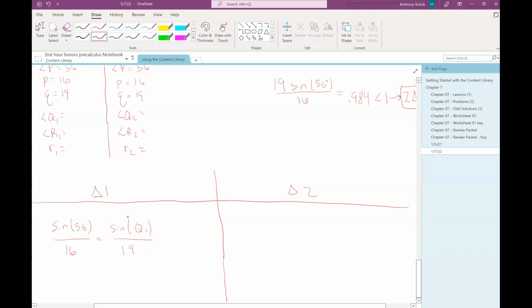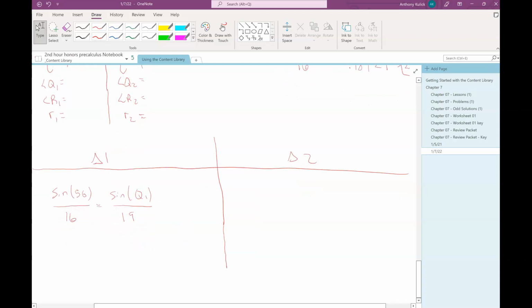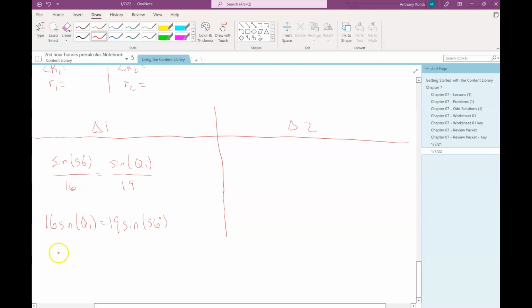So I know that I have to start with angle Q. Everybody's good with that? Just the law of sines. So we'll cross multiply. So 16 times sine Q1 equals 19 times sine 56. And then we'll divide both sides by 16.